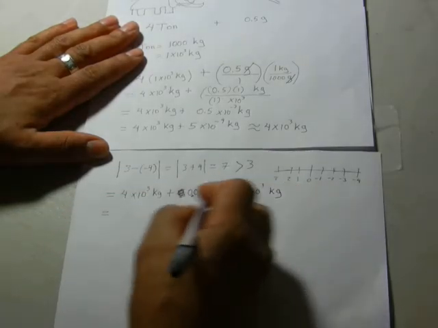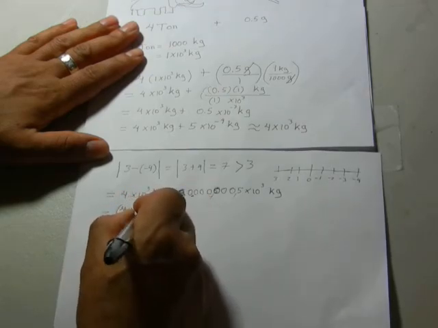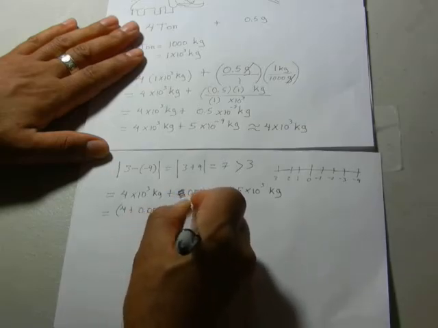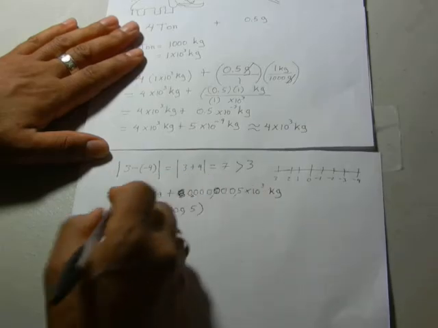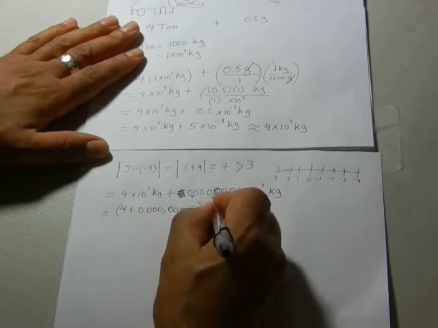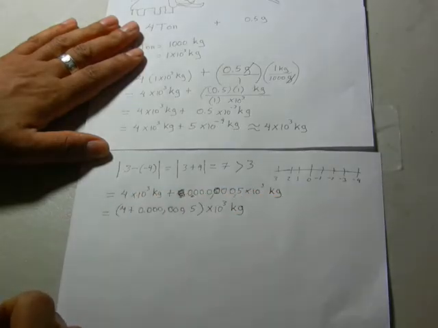We can make the groups, numbers with numbers. It is the same magnitude order and the same units, times 10 to the 3 kilograms, so we don't need to repeat that.